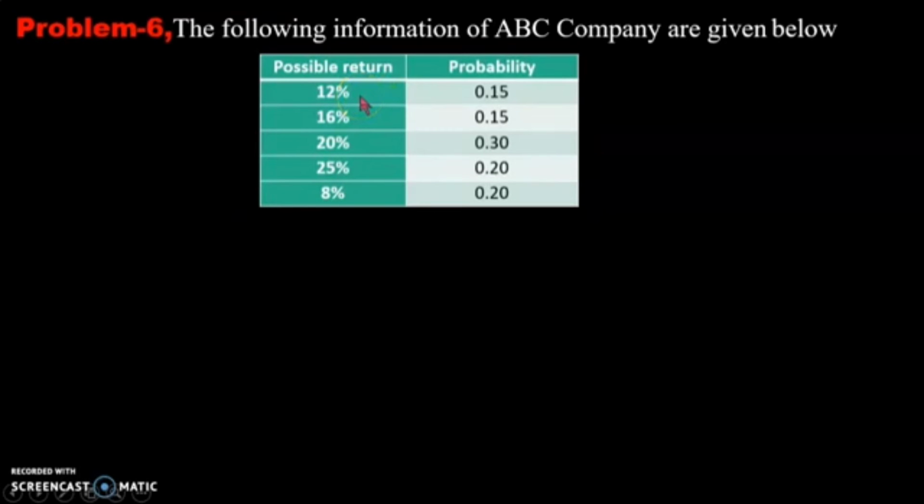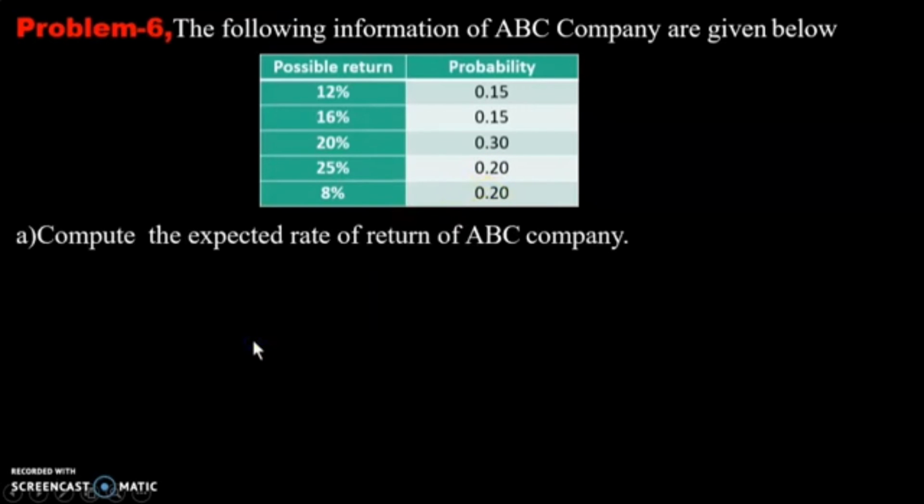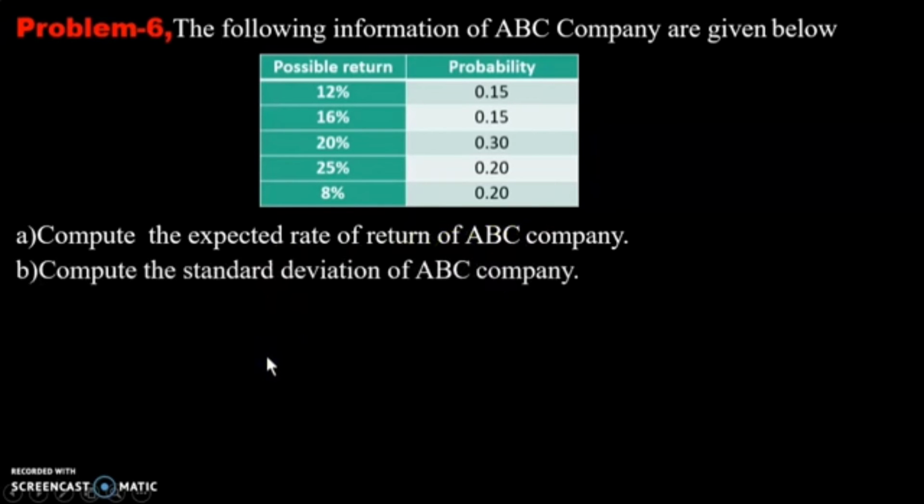First return 12% and probability 0.15, second return 16% probability 0.15, third return 20% and probability 0.30, fourth return 25% and probability 0.20, and fifth return 8% and probability 0.20. Compute the expected rate of return of ABC company and also compute the standard deviation.